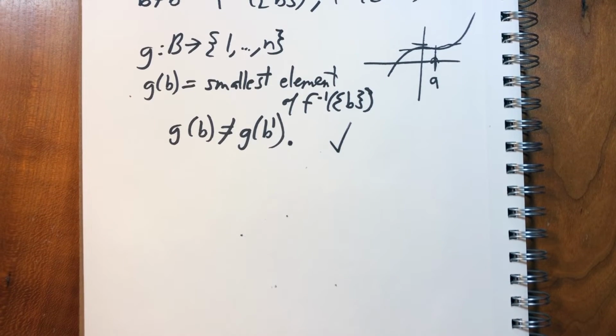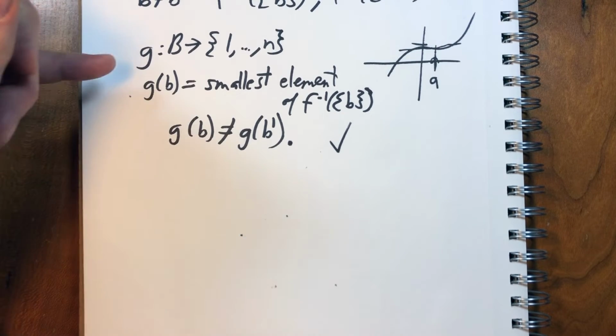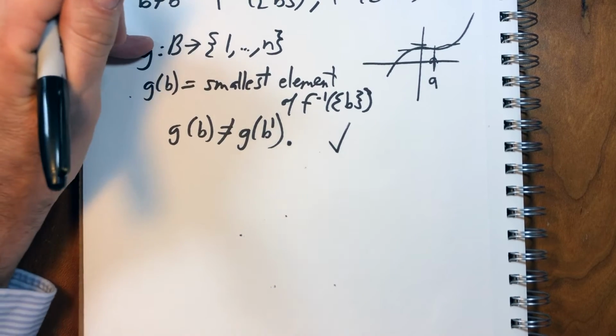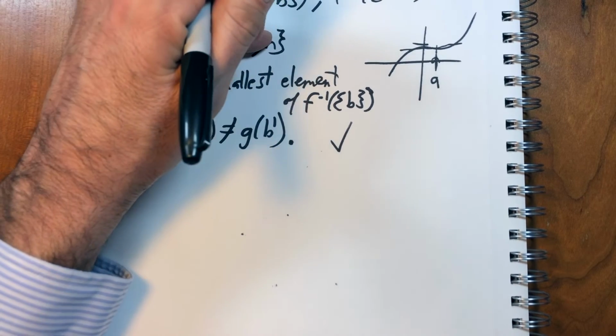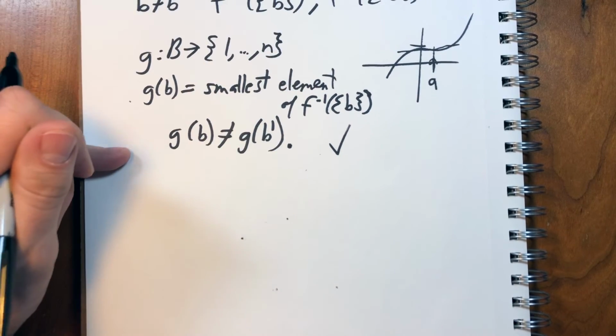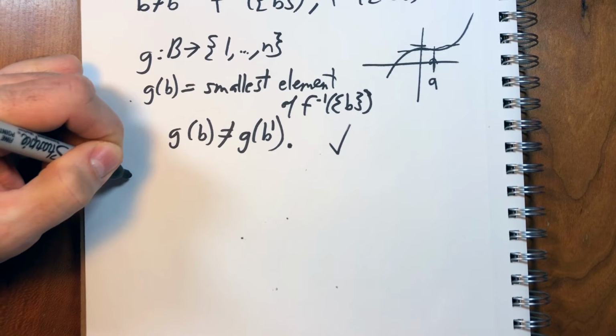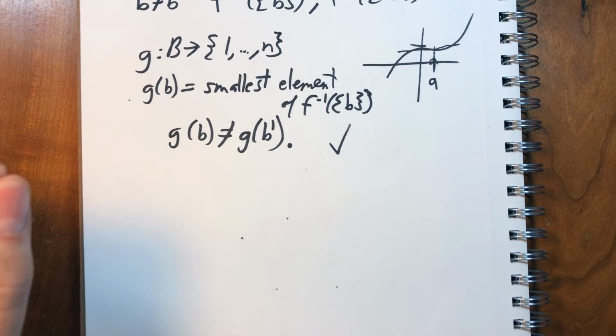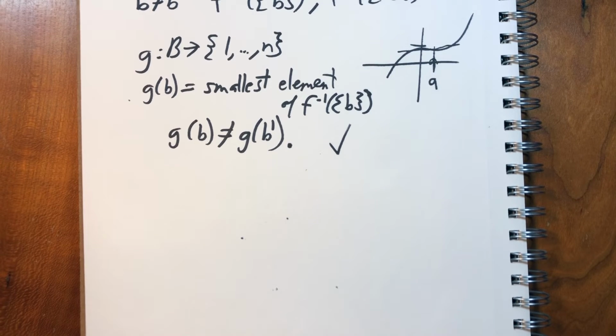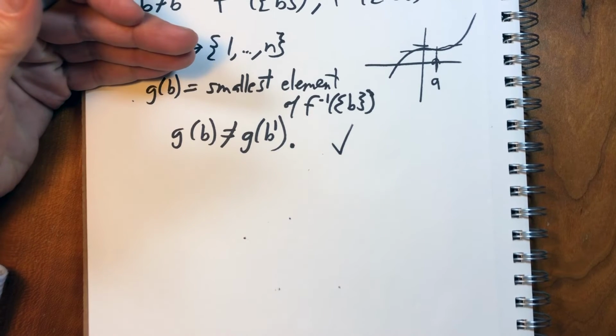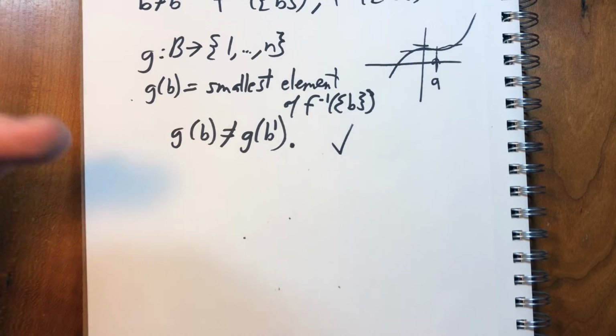So we've shown that if there exists a surjective function from a section of the positive integers into b, then there does exist an injective function from b into a section of positive integers. We just constructed it. So now we have one thing left to show, which is that if there exists an injective function from b into a section of integers, then b must be finite, and that will complete the proof.